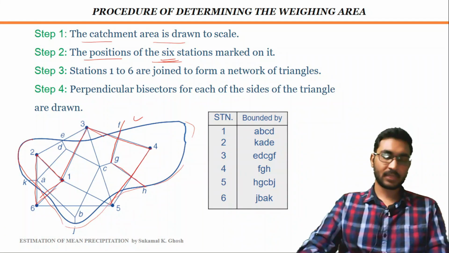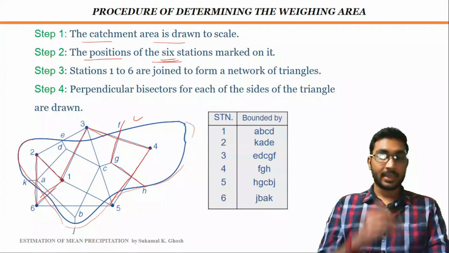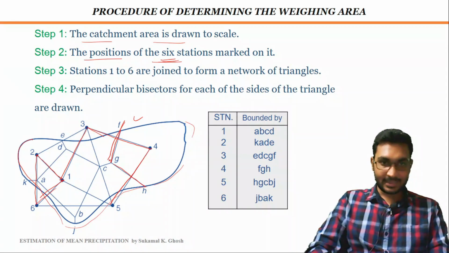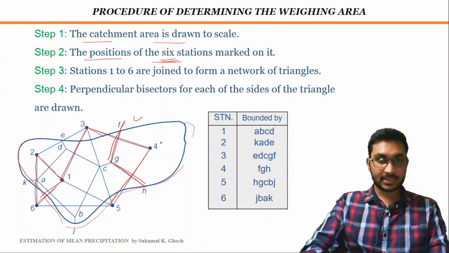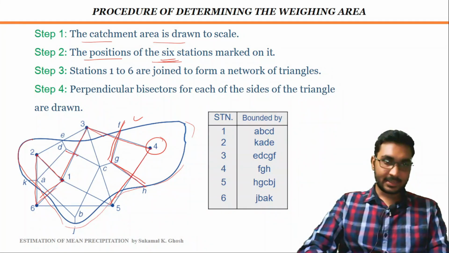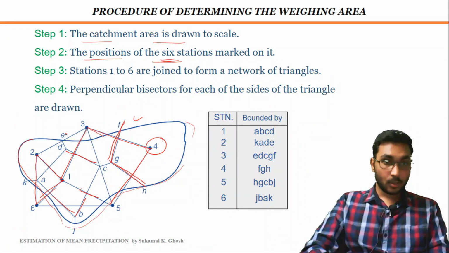Okay, and then these bisectors form a polygon around each station. You can see this bisector and this bisector have formed a polygon around this number 4 rain gauge station. In the same way, see, this bisector and this bisector have formed a polygon around this number 1 rain gauge station.